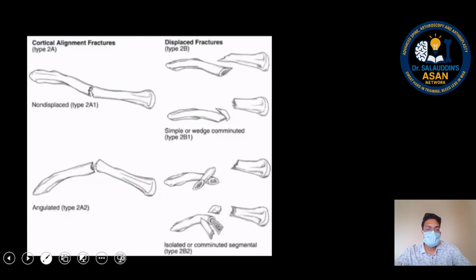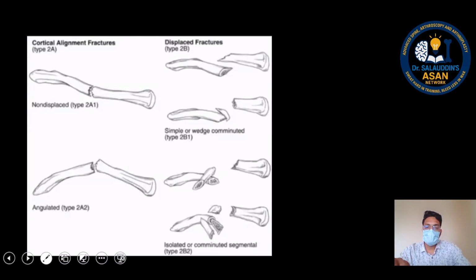So this is the comprehensive image where we are showing the Edinburgh classification, that is the cortical alignment. In type 2A1 it is undisplaced, type 2A2 is where the fracture is angulated, and type 2B is a displaced fracture.